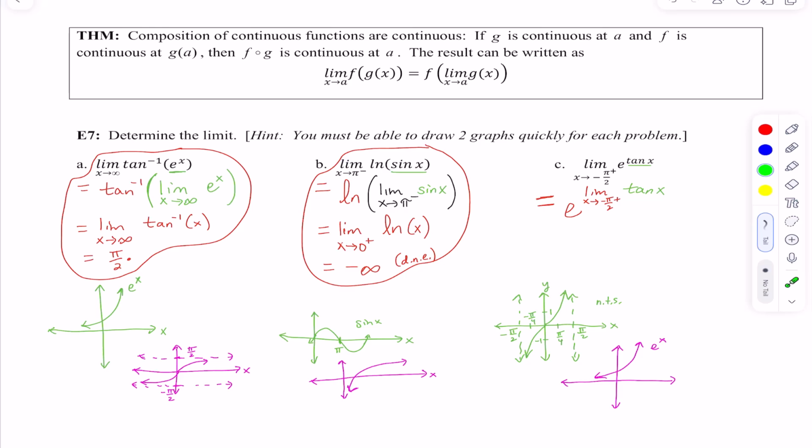So as x approaches negative pi over 2 from the right-hand side, where do the corresponding y values go? They're going to get very large, but in the negative direction.